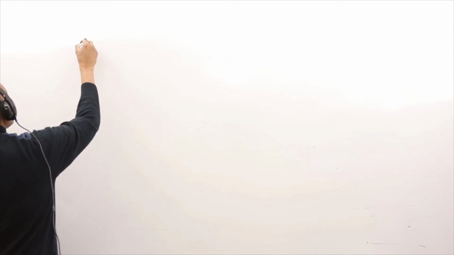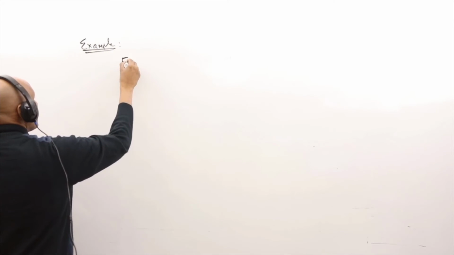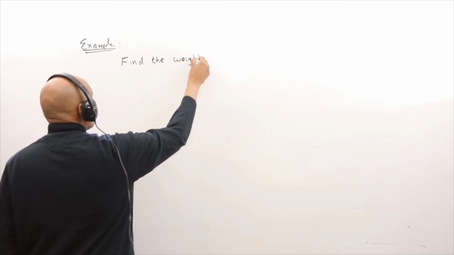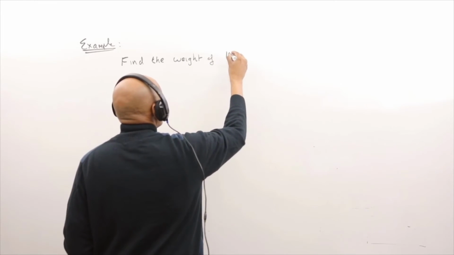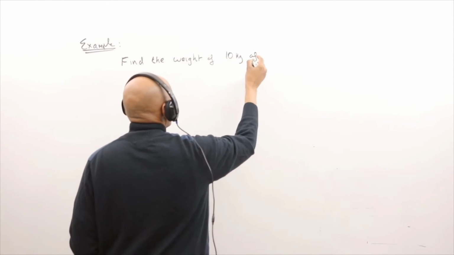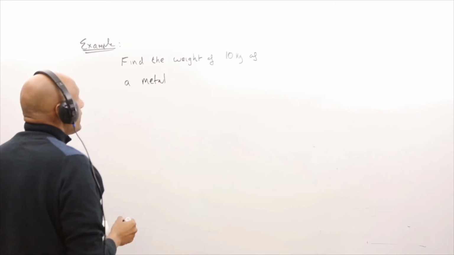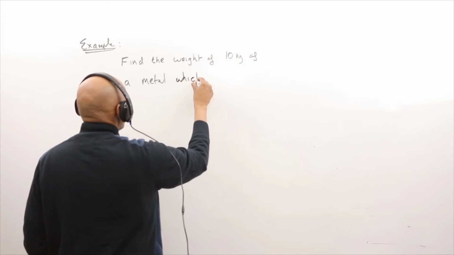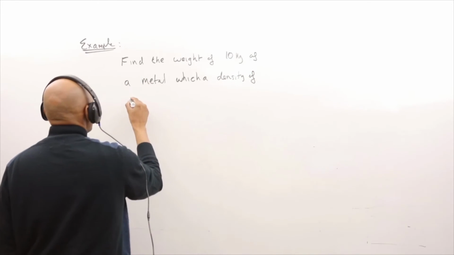So let's take another example. I'd like to find the weight of 10 kilograms of a metal which has a density of rho.